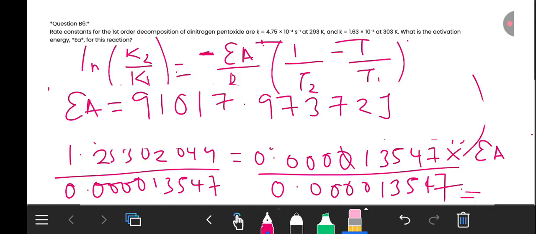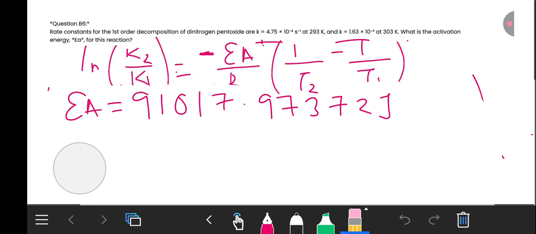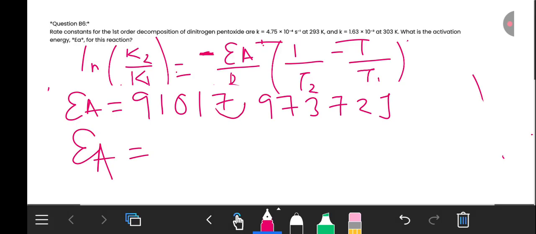So you can even round it off, or you can basically write this in standard form. You can shift this decimal point, so 1, 2, 3.